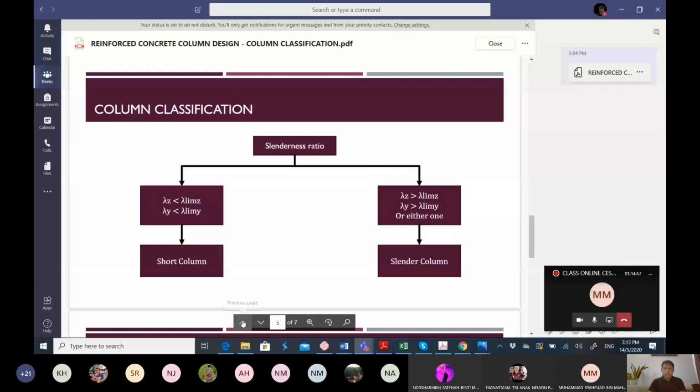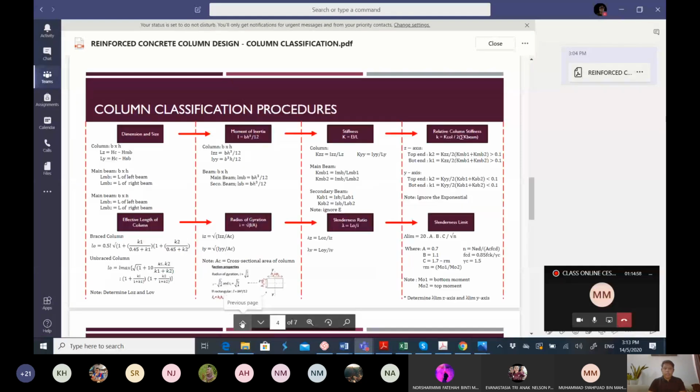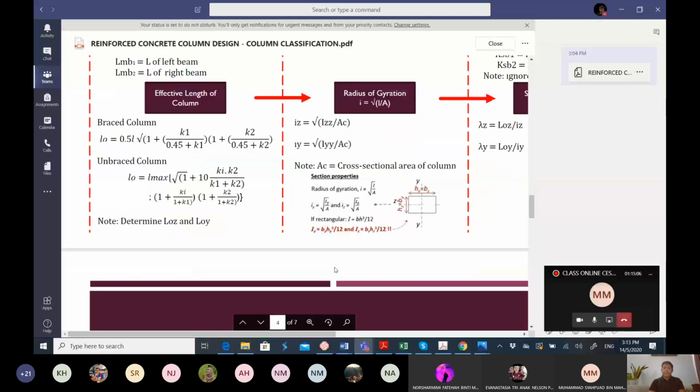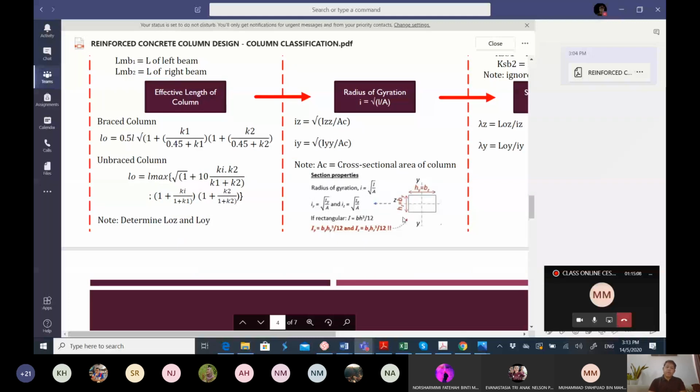Okay, next process is the radius of gyration. So for the radius of gyration, this is the formula. You have to recheck it. I will enlarge here. Why should you know this condition? It is very important that you know this one. Please don't be confused.